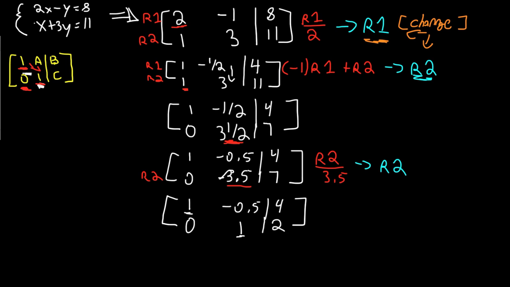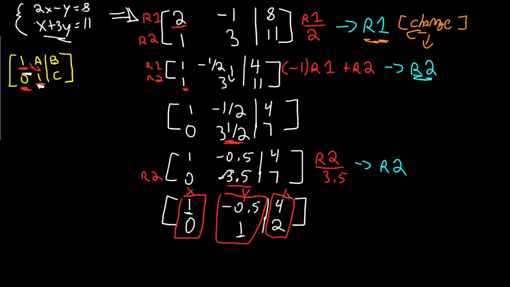Now I'm going to write this in this form over here. We're going to convert it back. One thing to note is that these are your x values right here. These are your y values. If you had a third column, those would be your z's, etc.